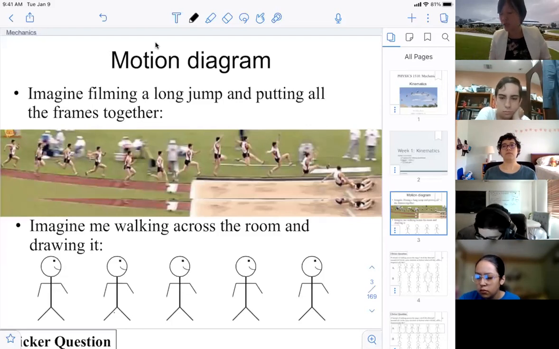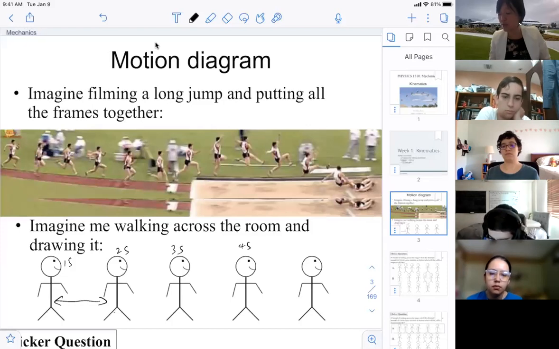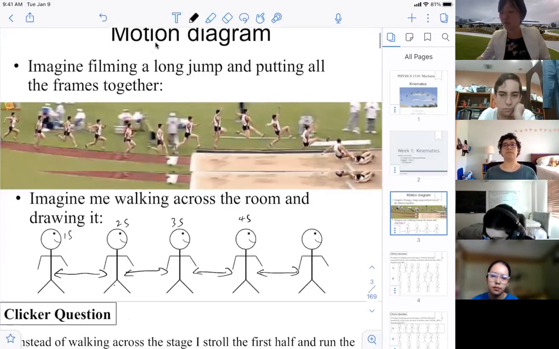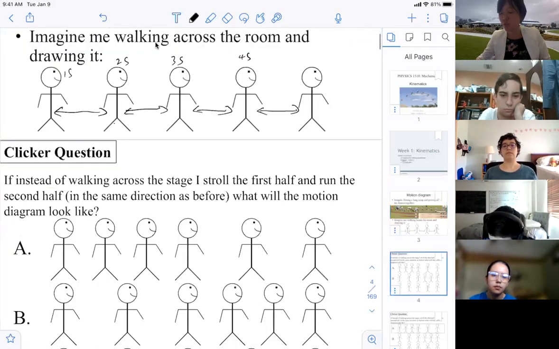It's showing you that I have equal intervals between the first second, the second, 2 seconds, 3 seconds, 4 seconds, and so on. You can see that I have the same interval in my position. So that tells you something about the speed, right? You must have a constant speed walking across the room. But if the motion changes, I'm sure that our motion diagram would change as well.